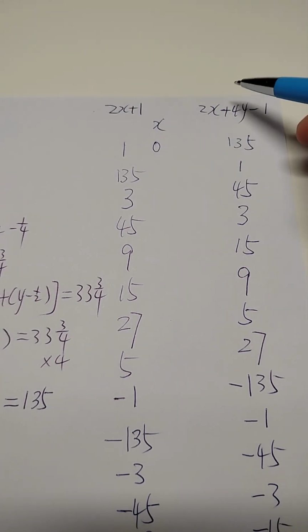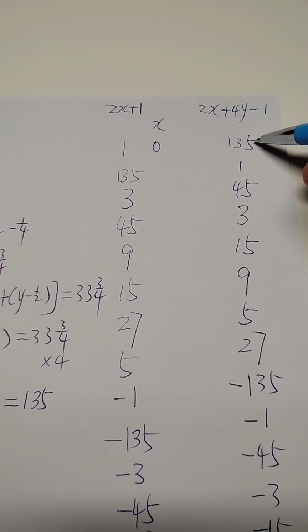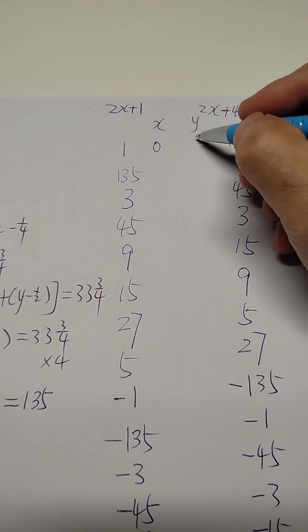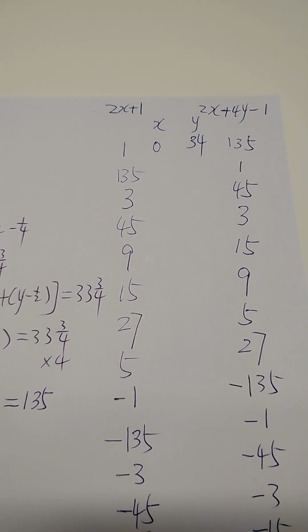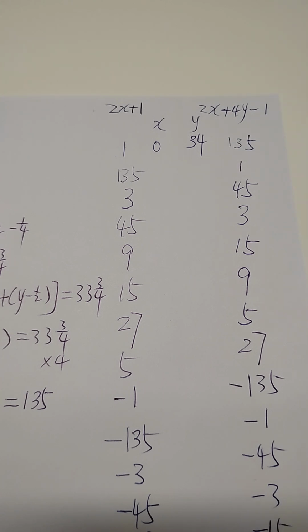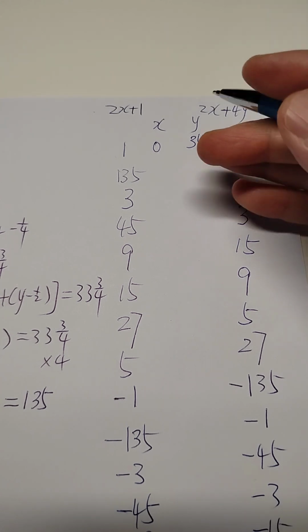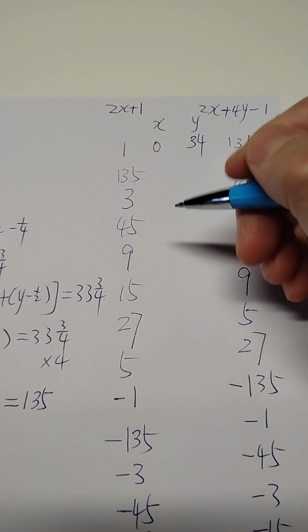And then 4y minus 1 equals 135, so 4y equals 136, and y equals 34, since 34 times 4 is 136. We could calculate all the results, and then we get all the x and y.